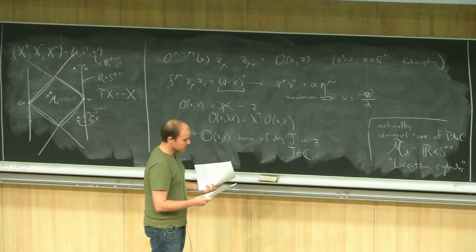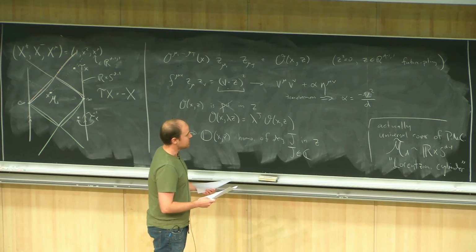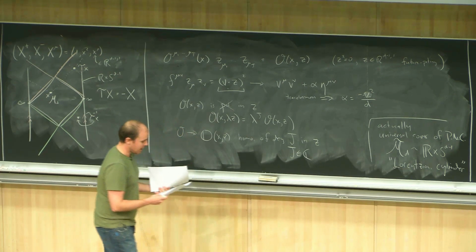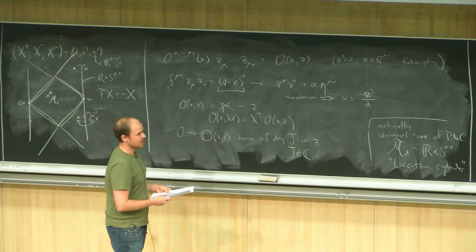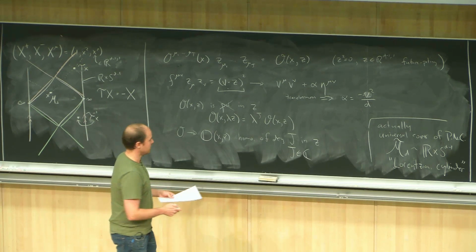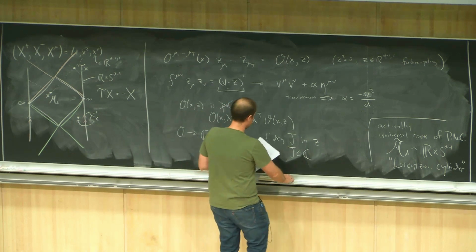But in order to get there, I need to talk about how to lift operators to the embedding space. So I'm just going to explain that and then stop, because I know you guys are probably getting tired and want to go to lunch.